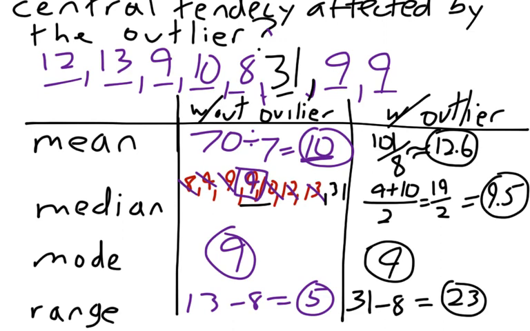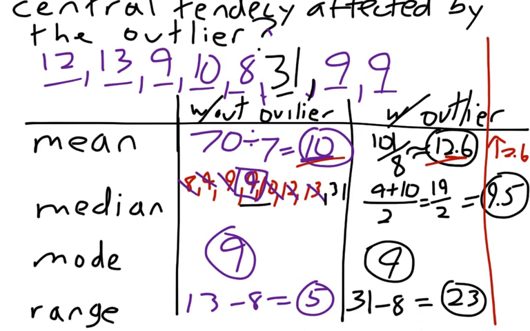So to answer all these out, I'm going to show this in a different way. Hopefully you have room for another column there. I would add another column here and say that the mean went up by 2.6. How did I get that? I just did 12.6 minus 10. So it went up 2.6. In fact, all of these are going to go up, right?